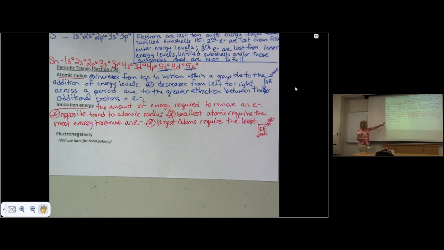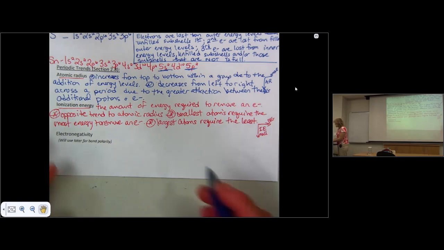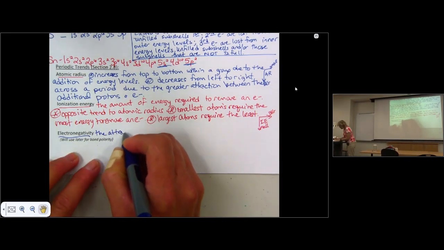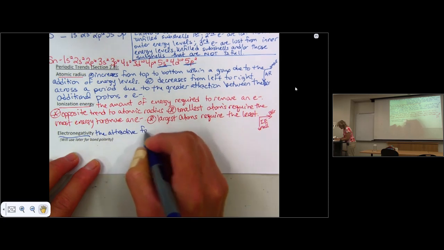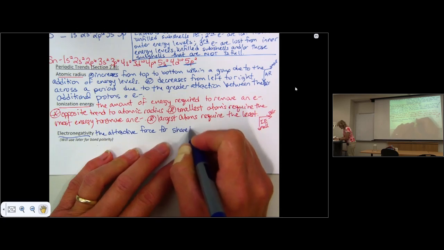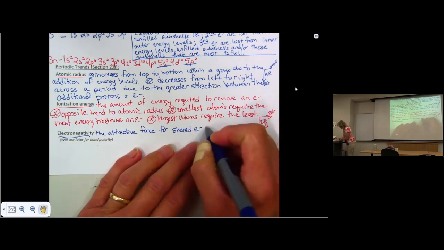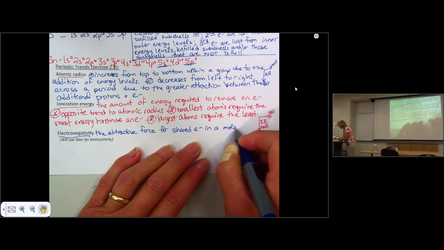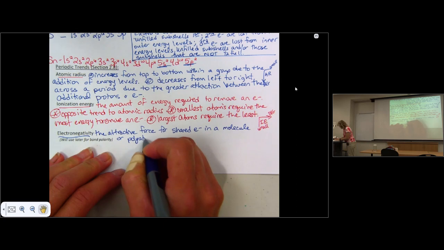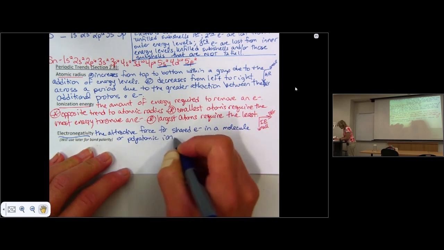All right, electronegativity is the last trend we want to talk about. Let's write the definition for electronegativity, and then we'll look at the trend, okay? The definition is the attractive force for shared electrons in a molecule or polyatomic ion.